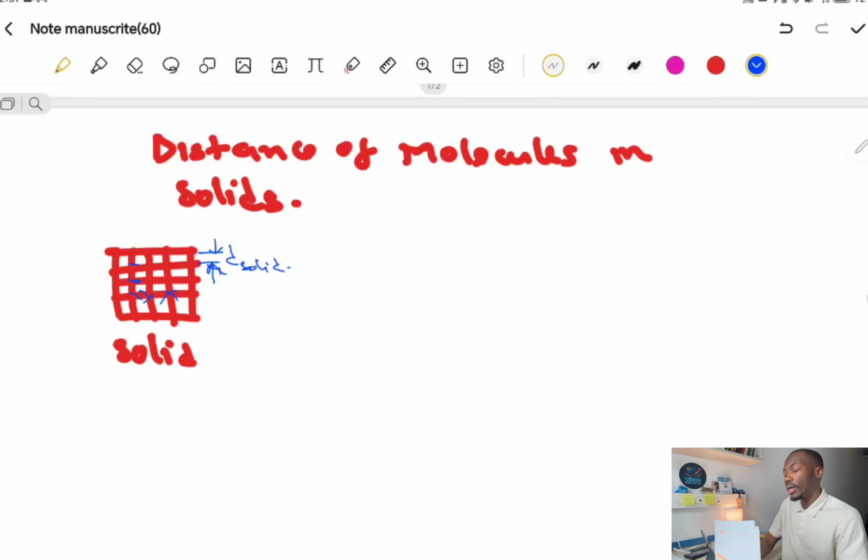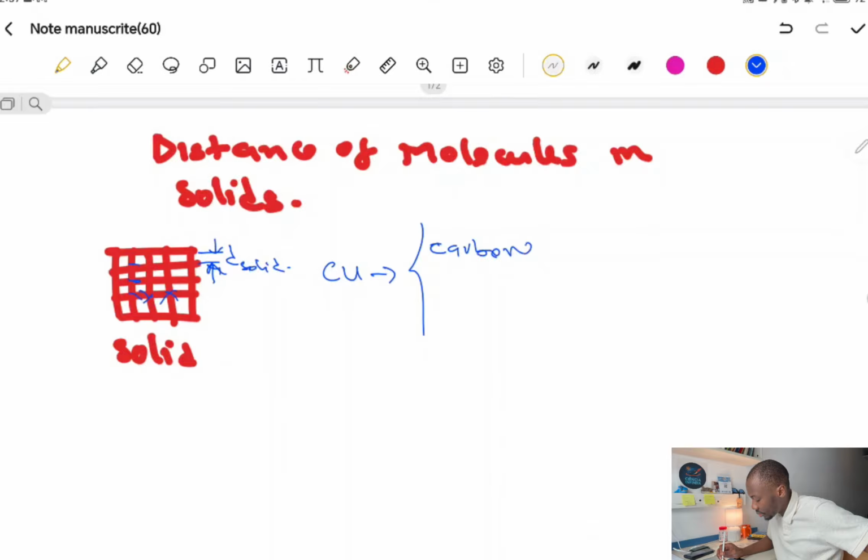For solids, actually, we have to see. We'll choose copper for our calculation. Okay, for our calculation, which we're saying here that there is carbon and U, which is uranium. That is C, uranium.